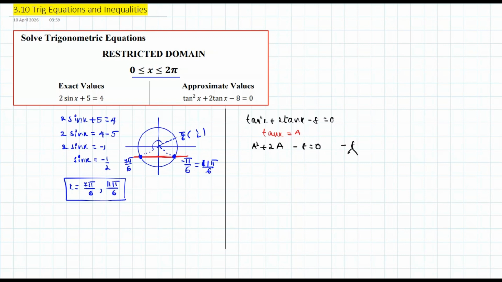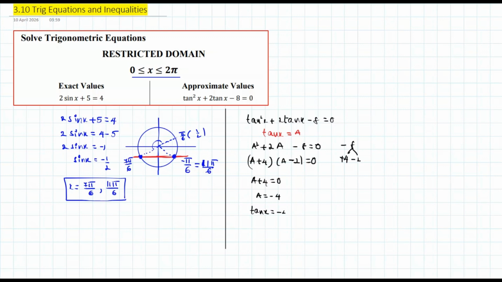So we have the constant of negative 8. The factors of negative 8 are positive 4 and negative 2. So a plus 4 and a minus 2 are the factors. If a plus 4 equals 0, then a equals negative 4, and a is tan x, so tan x equals negative 4.